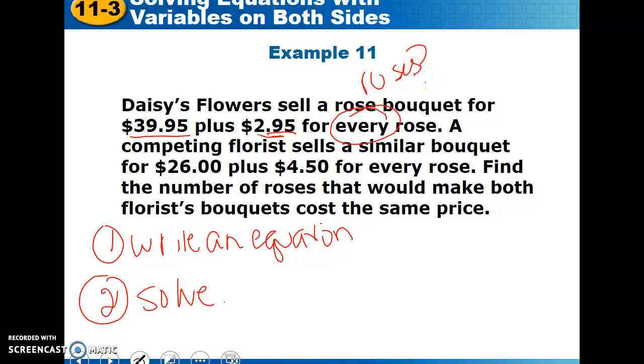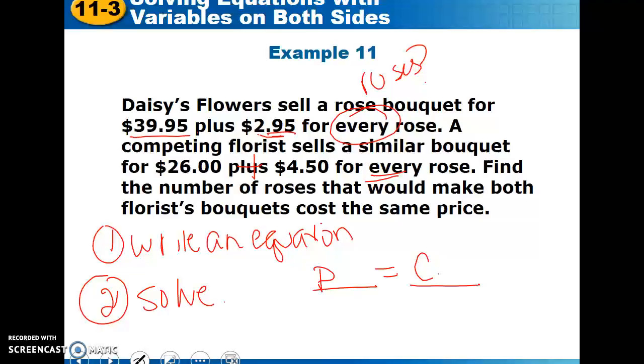And then it says a competing florist sells a similar bouquet for $26 plus $4.50 for every rose. So we have to find the number of roses that would make both florist bouquets cost the same price. So it has to be Daisy's Flowers equaling the competing florist flowers. They have to be equal.